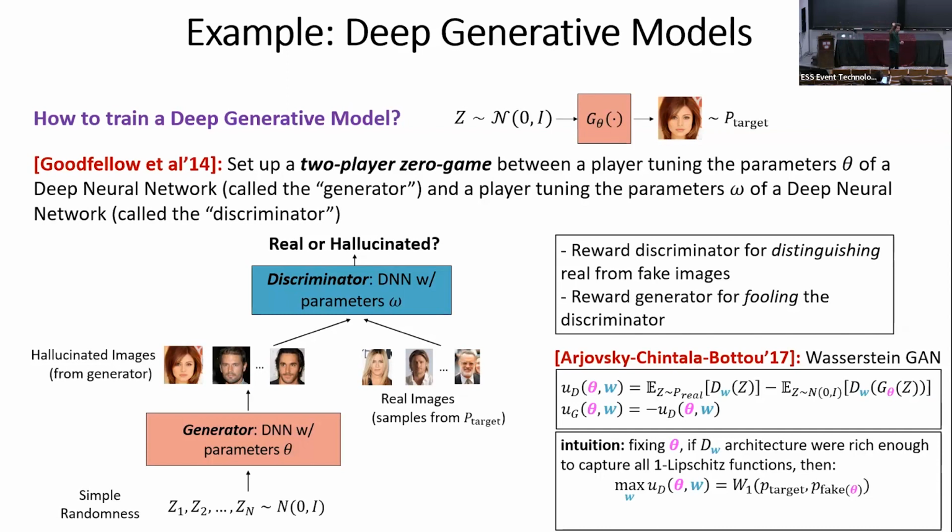So given theta, the maximizing player, the discriminator, is trying to compute the Wasserstein distance, at least if the architecture is rich enough. Therefore, the minimizing player is trying to minimize the Wasserstein distance between the distribution it generates and the target one.